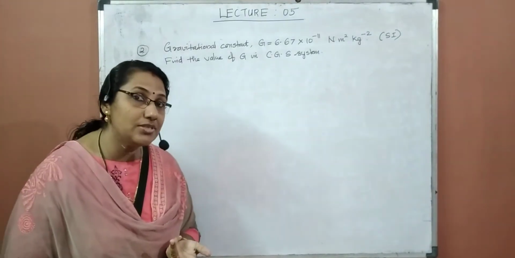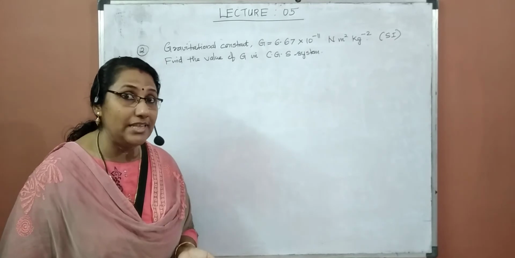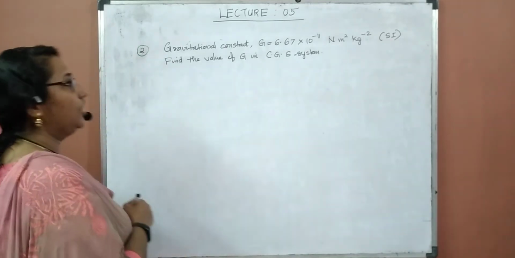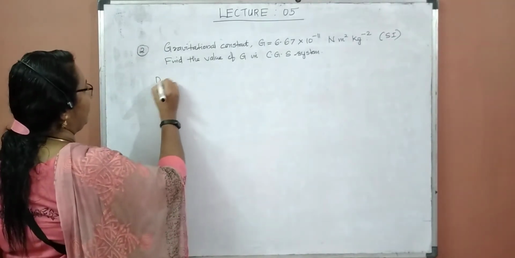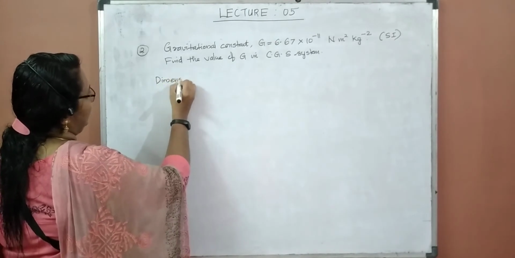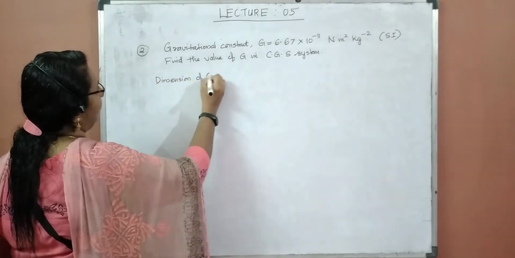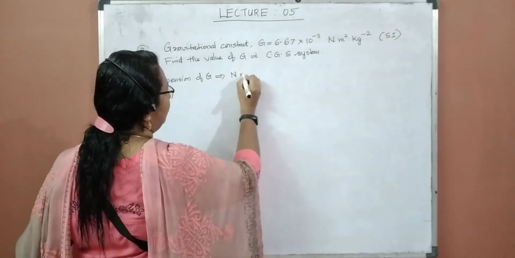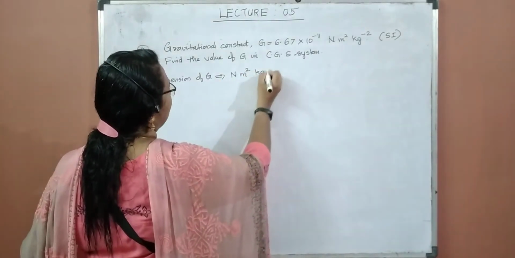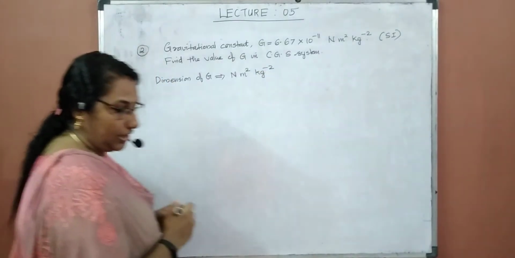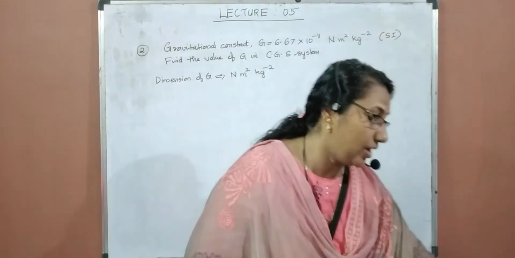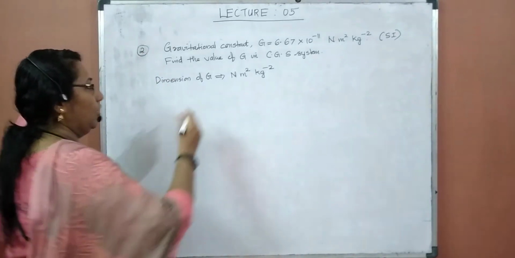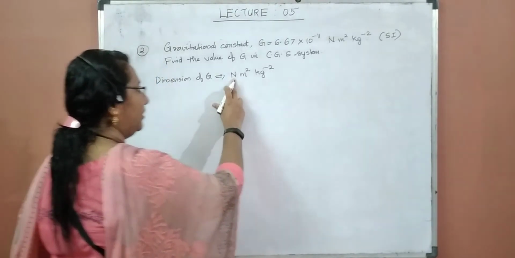So how to convert this by using the dimension? At first, you have to write the dimension of the given quantity, dimension of G. Okay, the unit was Newton meter square kilogram raised to minus 2. What is the dimension of Newton?